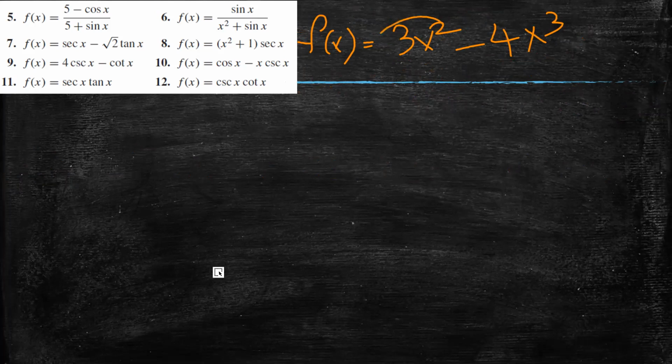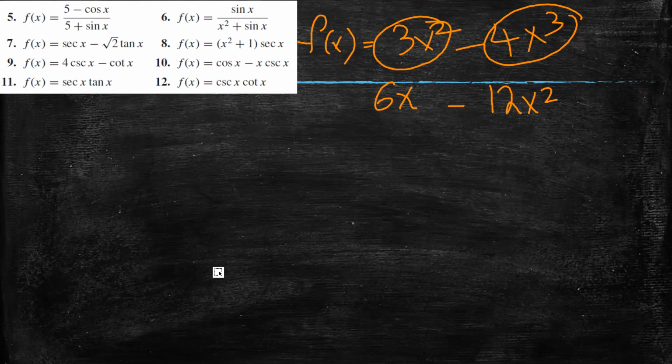We just find the derivation of the first term, which is 6x, minus the derivation of the second term, which is 12x squared. So I have to find the derivation of the first one minus the derivation of the second term. Here also we have to do the same.